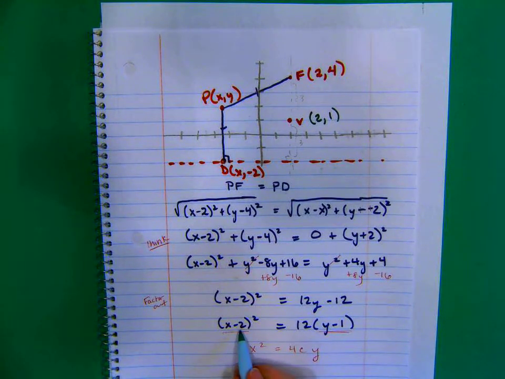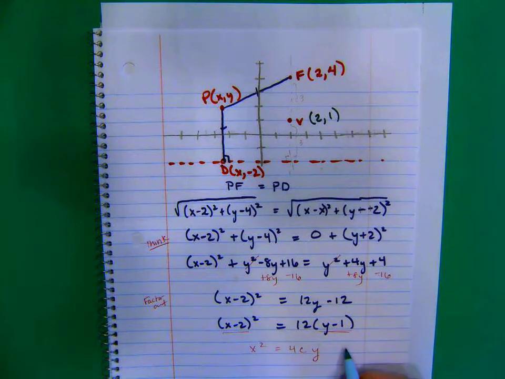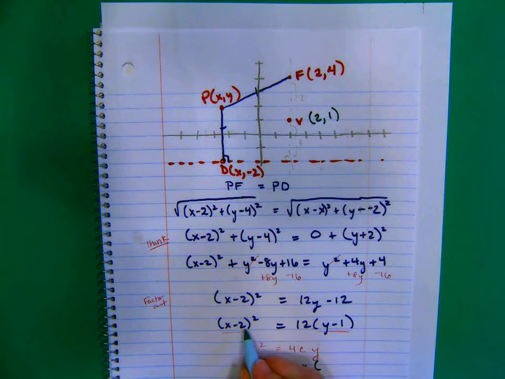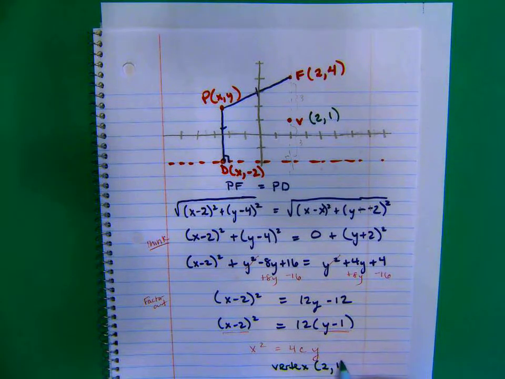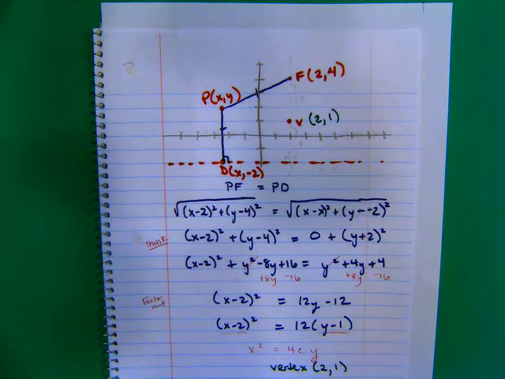And right here I can see that if I change the sign just like what we were doing before, I would have a vertex that was 2, 1. Change the sign, change the sign. It matches very much to what we did before. My width of my parabola would be 12. I'd have 4c equals 12, and that would make c equal 3.